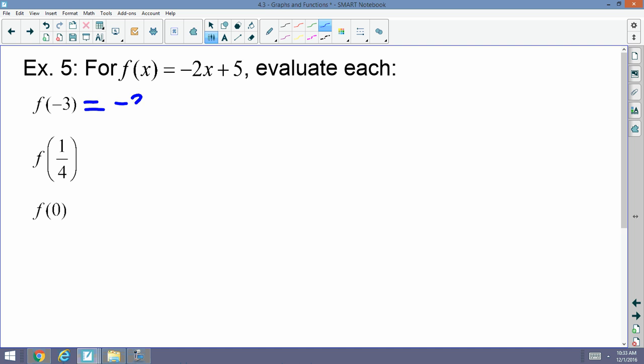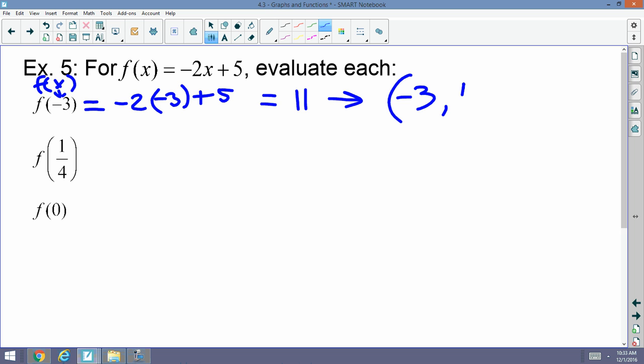So I got negative 2 times x, which is negative 3, plus 5. Because didn't I replace, this is f of x. Did I replace x with negative 3? So I have to replace every x in this function with negative 3. So f of negative 3 will equal 11. What's the ordered pair here? When x is negative 3, my f of x is 11.